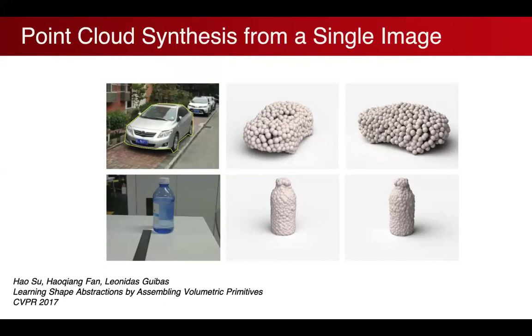So here we have two images, a car and a bottle, and we train the neural network with supervision using appropriate labeled data sets with the point sets. Then for the inference, we give the image and generate the corresponding point set. And it's a 3D point set.